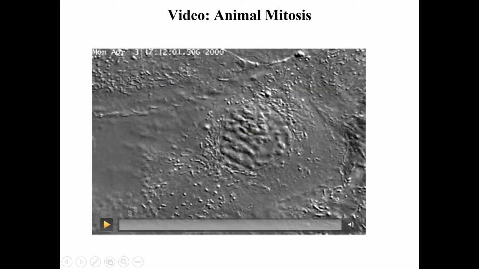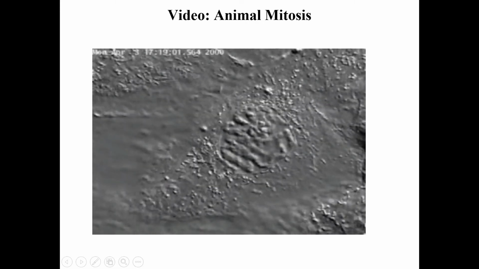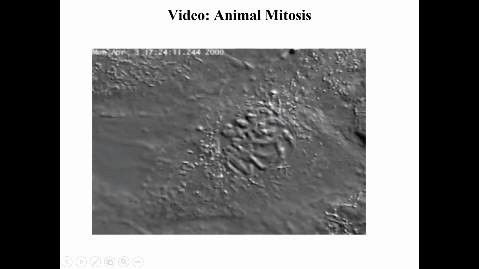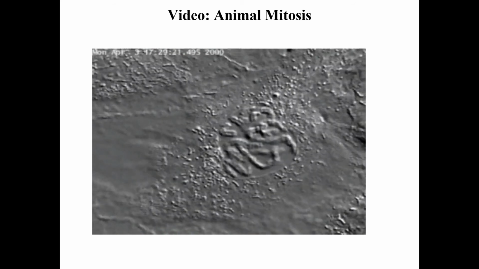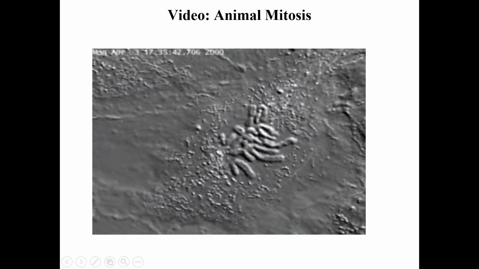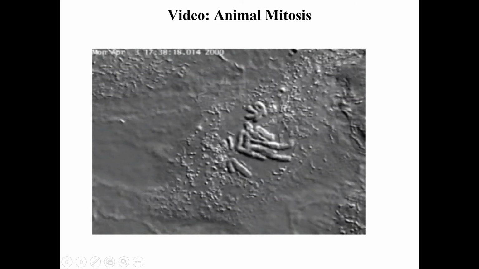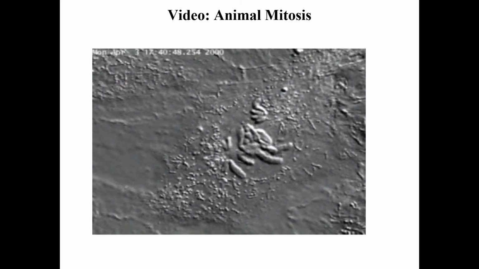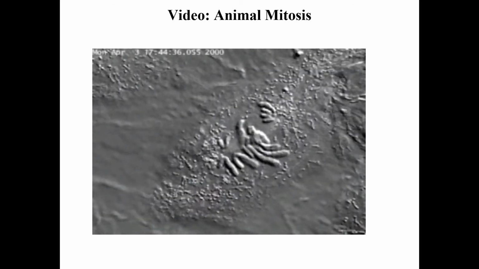Here we're looking at an animal cell undergoing mitosis. Look at the individual chromosomes, which you can notice here. They're highly condensed at this point, and kind of unorganized.